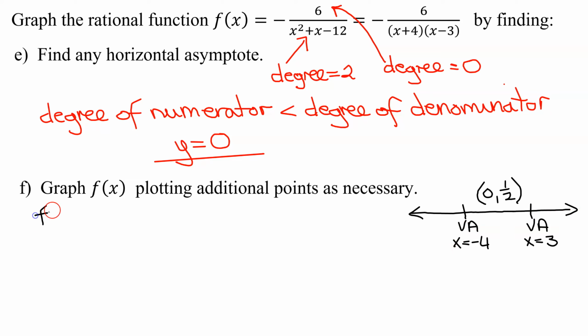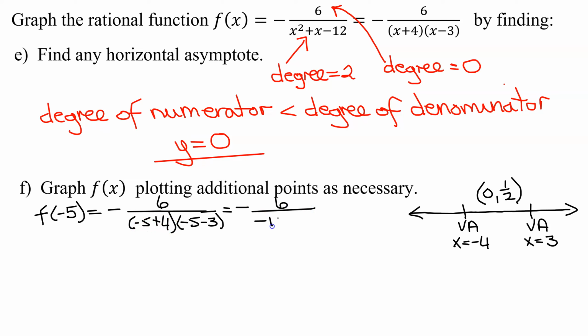So let's figure out f of negative 5. So it's going to be in this region here. I'm going to use this form of the function. I think the arithmetic is a little easier. So I have negative 6 over negative 5 plus 4 times negative 5 minus 3. So I get negative 6 divided by negative 5 plus 4 is negative 1 times negative 5 minus 3 is negative 8.